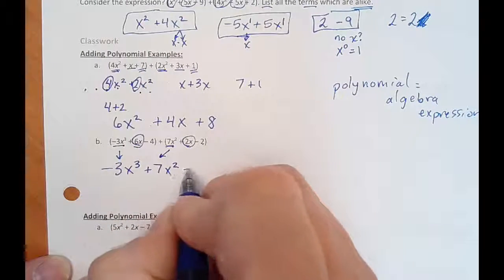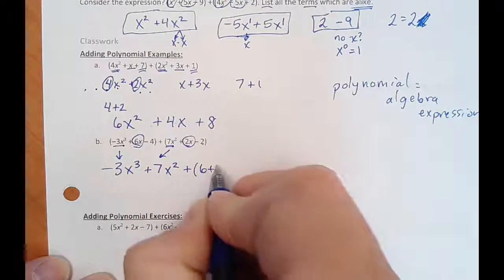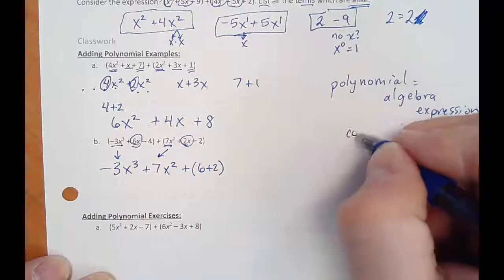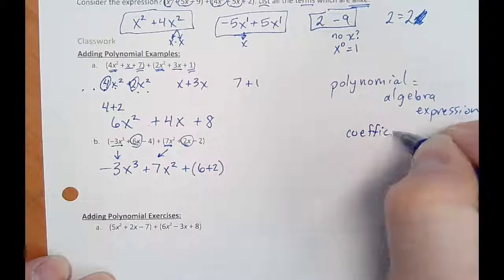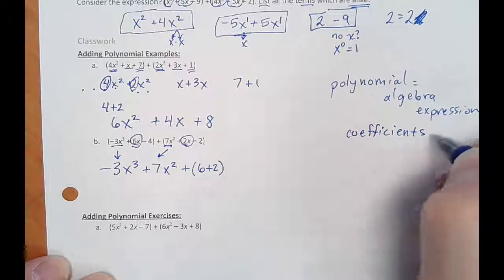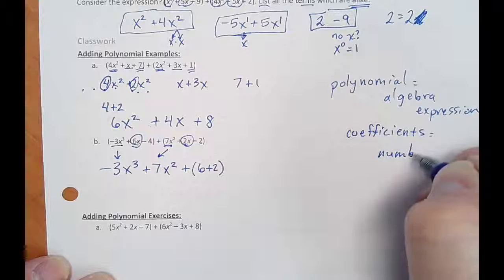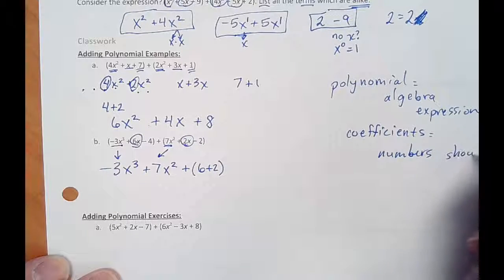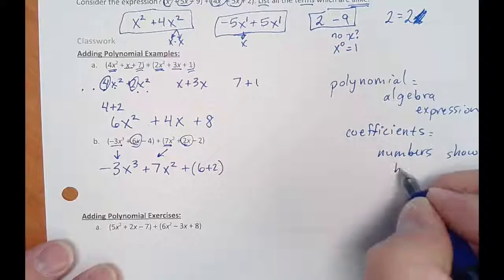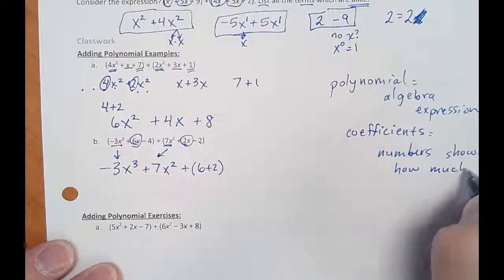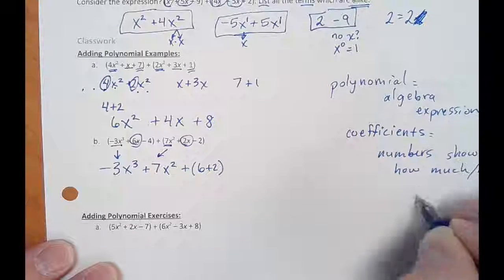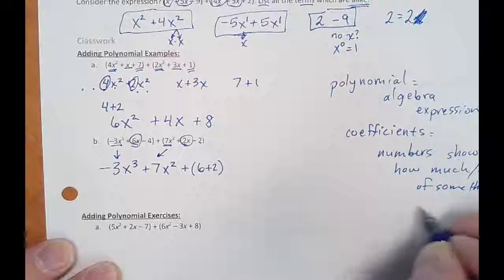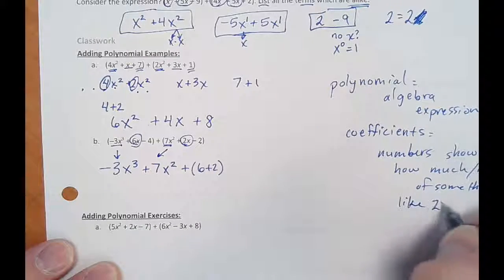6x plus 2x makes 6 plus 2, because you add the coefficients, another vocab word. They are the numbers in front, numbers showing how much or how many of something, like 2x.